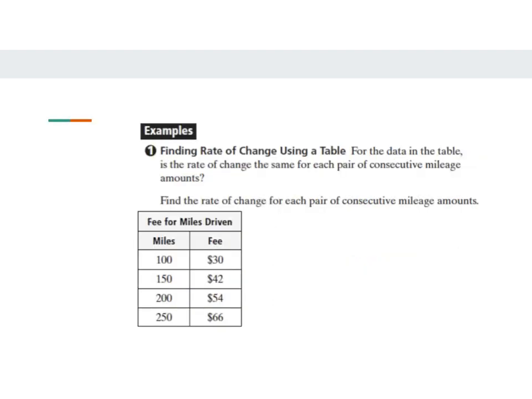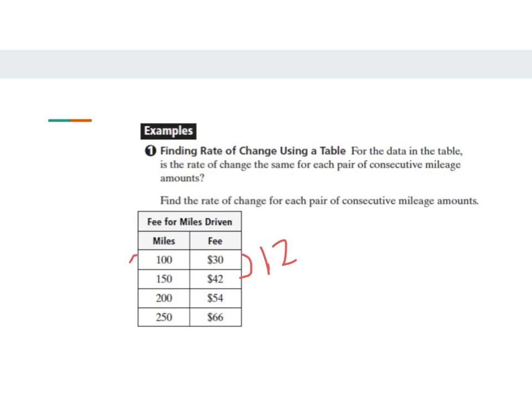So let's go back and try to find the rate of change using a table. With a table of values, remember, if something is linear, it's going to have a constant rate of change. And so any 2 points in your table should have the same rate of change. So if we look here, we're going from $30 to $42. So that is an increase of $12, right?